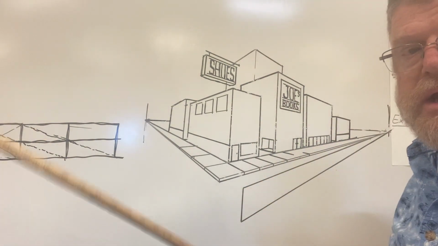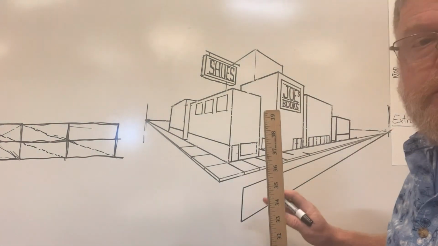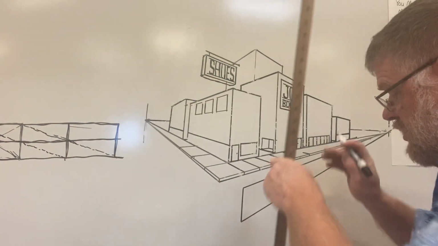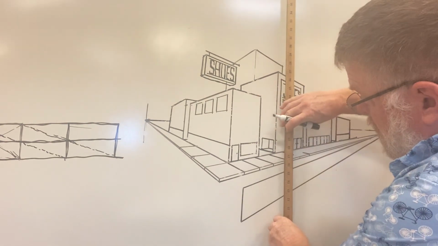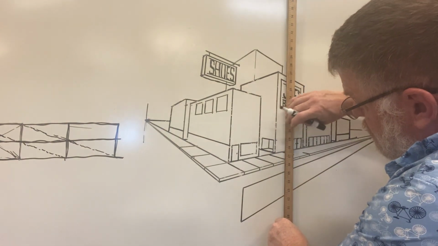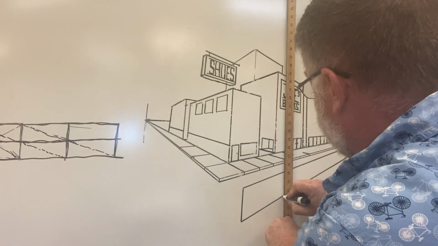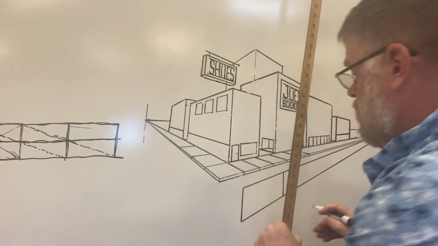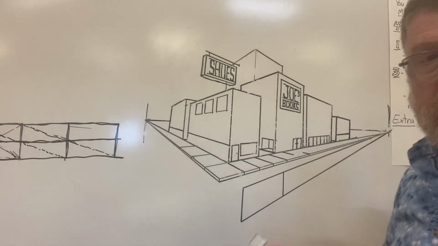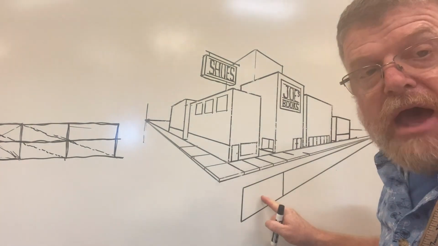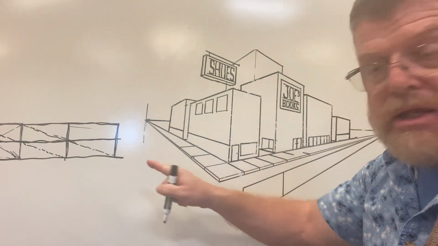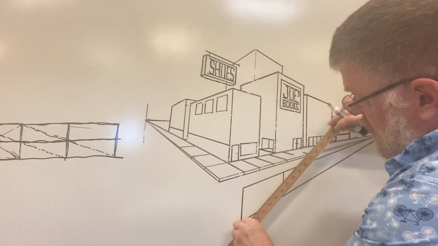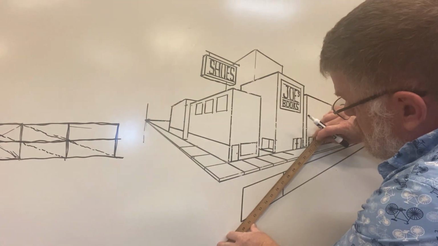Pardon my voice, it's kind of going on me. So now I put in the second post. I decide how far I want them spaced apart. Let's say about that far apart. I put a vertical line in from the bottom to the top. Now I'm going to find the center of that rectangle, just like I did over there, only this time I'm going to use the straight edge.